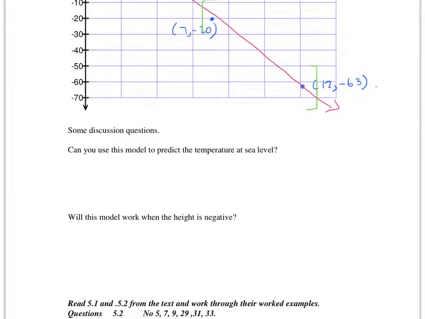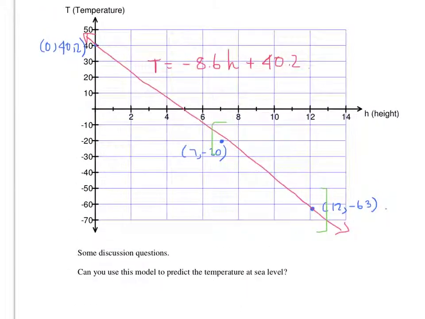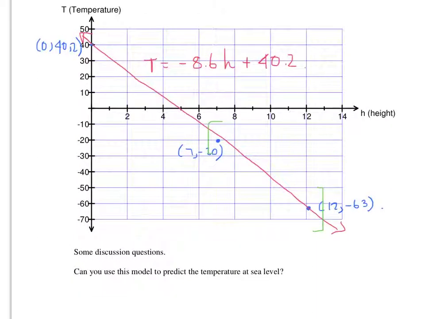What happens when height is negative? Well, have a think about it. When height is negative, it is over this direction, and you can see from the model, even though I haven't given you the axis, the temperature is actually going to increase.